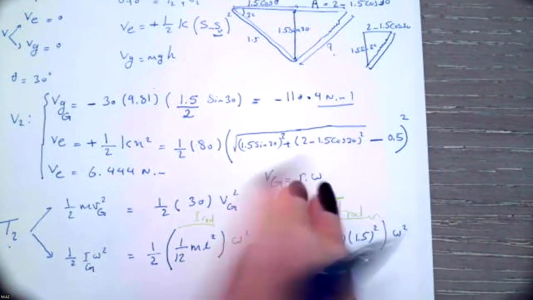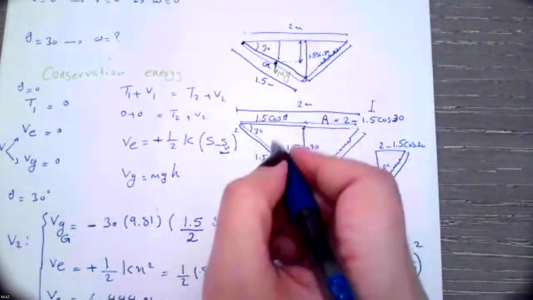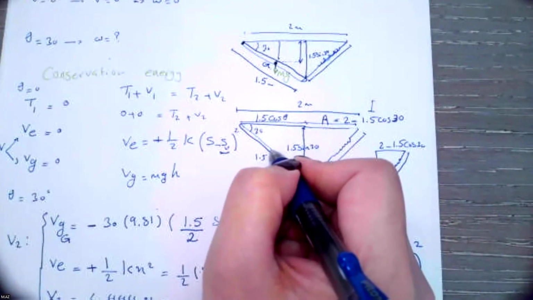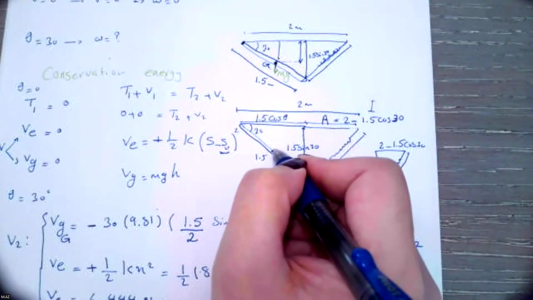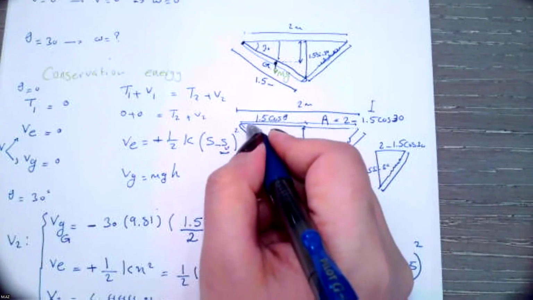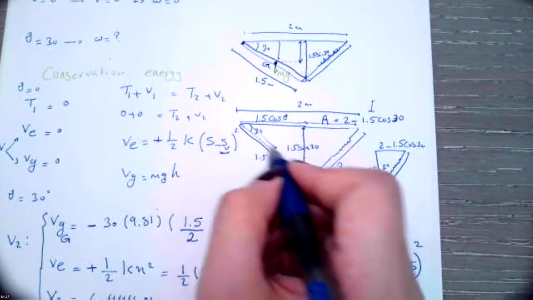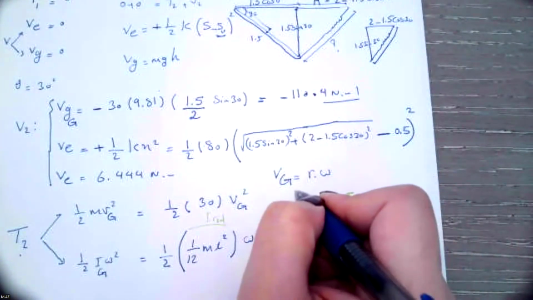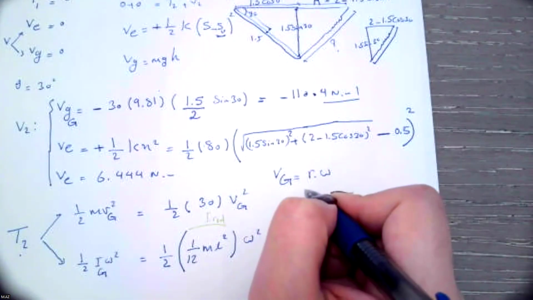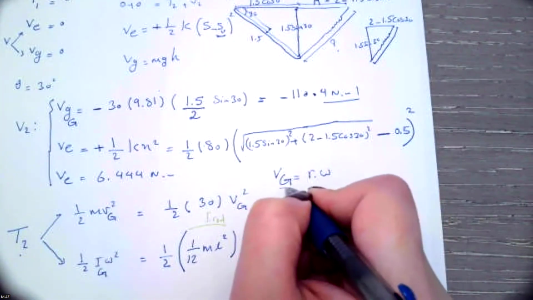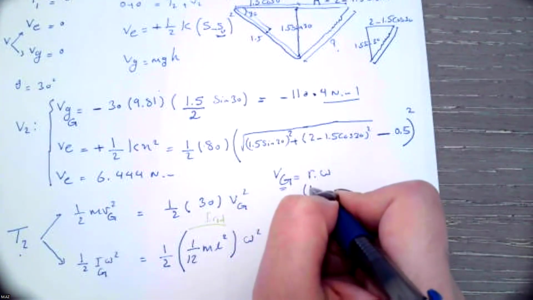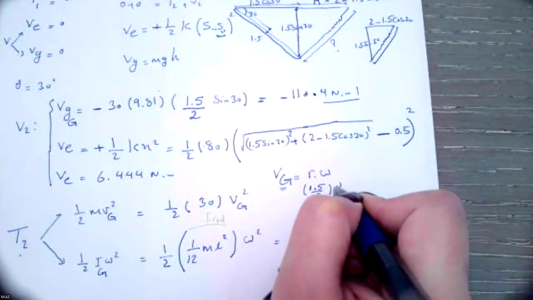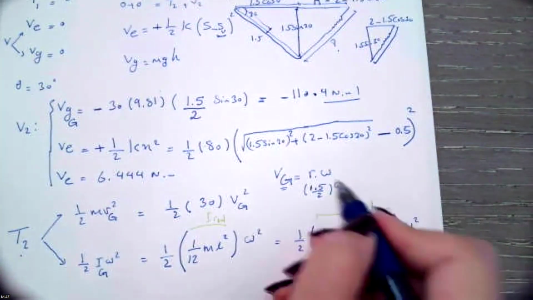The velocity at the center of this rod equals R times omega. What is R? R means the length of the rod from this point to the center. It means we are working with half of the length of the rod, times omega.